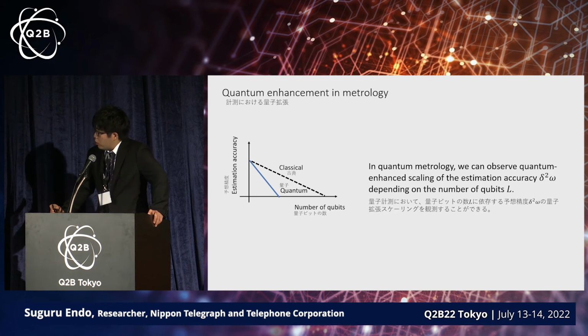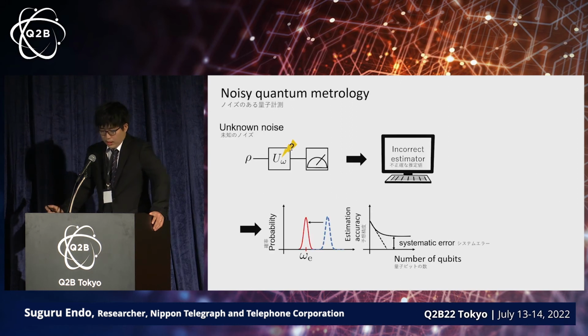And in quantum methodology, when we use the quantum states, we can observe the quantum enhanced scaling of the estimation accuracy, depending on the number of qubits L. And we can observe the quantum enhanced scaling than classical one.